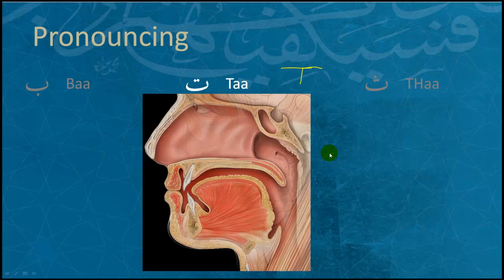T is pronounced when you take the tip of your tongue and you hit the roots on the roof of your mouth. For example, let's look at this picture. And these are the top teeth, your central incisors, the front 2 teeth. This is the part where your mouth meets the teeth. And there are some ridges here, some ridges on either side of your mouth.